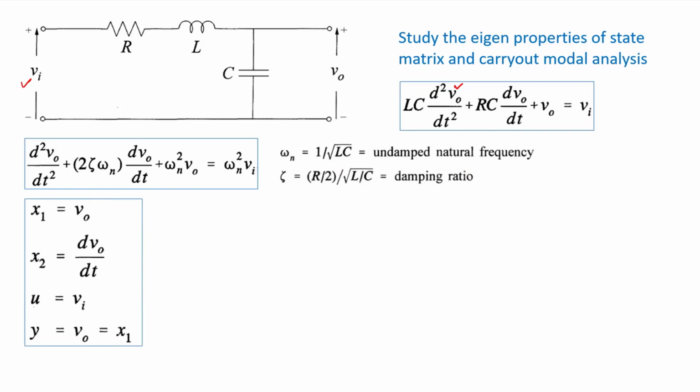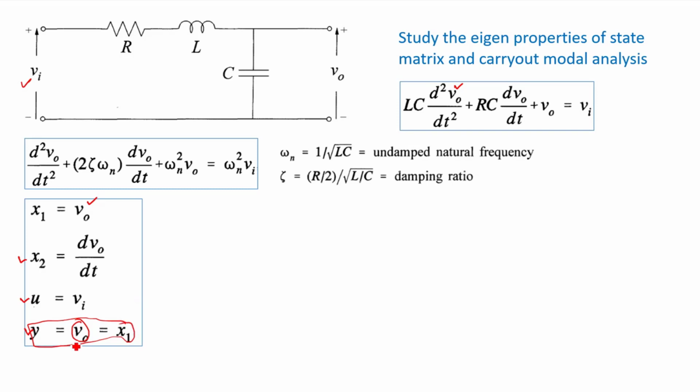So now if we define the state variables, let us consider x1 equal to Vo and x2 equal to dVo by dt, and u equal to Vi and y equal to Vo, that is the output voltage across the capacitance. So now y is equal to x1. This is your output equation.